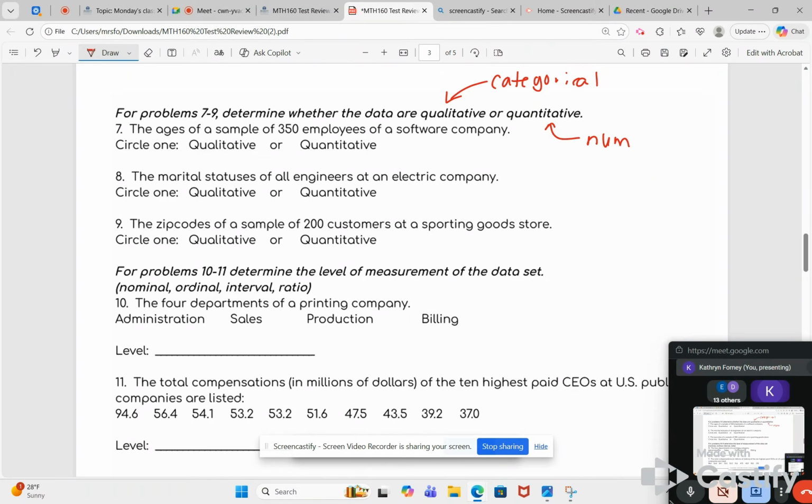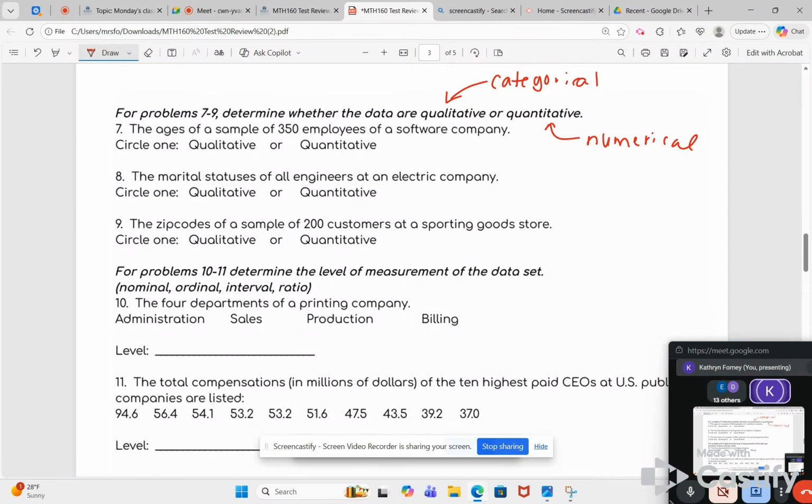Numerical. Now, categorical is where we think qualitative. I feel like there was another word we used, but we'll stick with this.